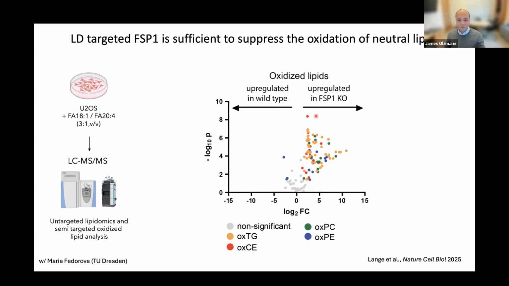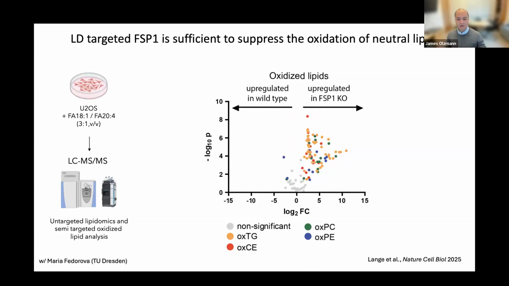And what we were really struck by was the oxidized lipids that accumulated in our FSP1 knockouts. So shown in the yellow-orange circles here are oxidized triacylglycerol molecules that are accumulating in the FSP1 knockout. We're really excited by this finding because these are in FSP1 knockouts grown under basal conditions.